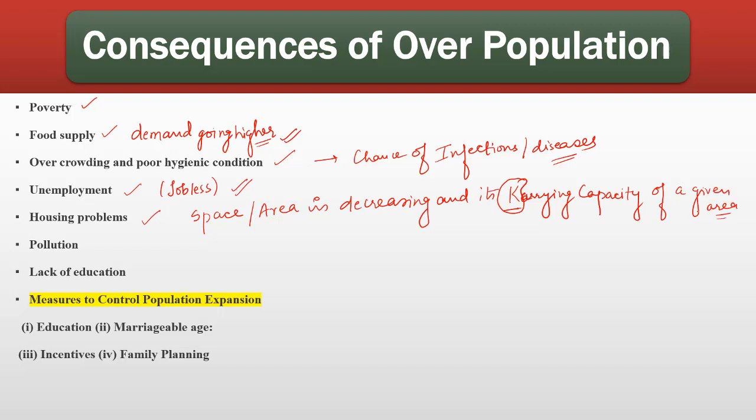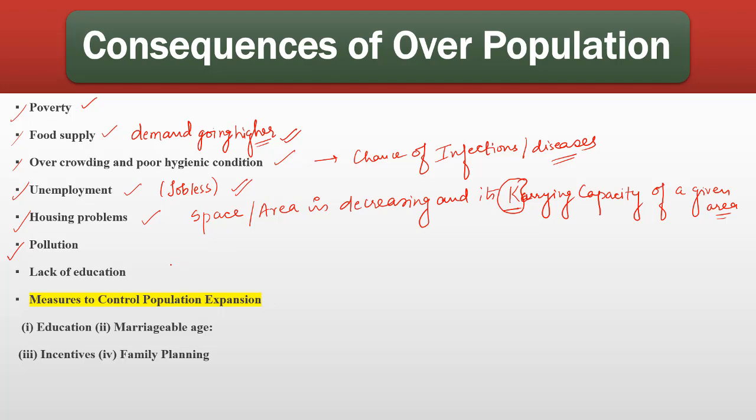Pollution. Obviously, if more individuals are living in a particular area, they are going to exploit more resources, and in turn they are going to produce more waste, whether metabolic waste or industrial waste.